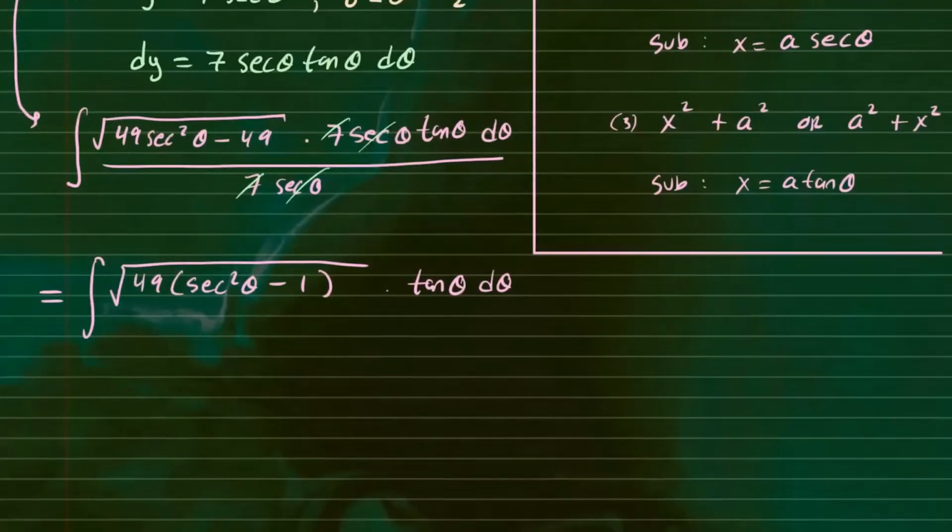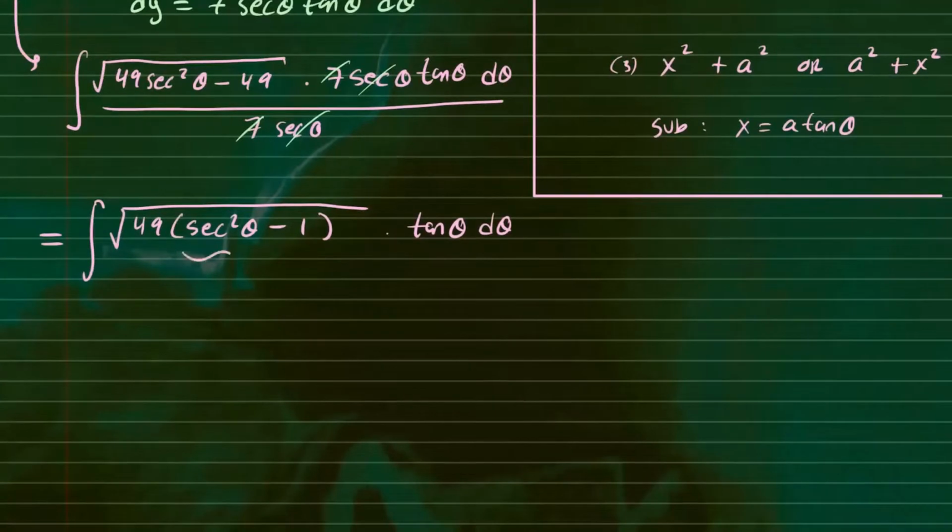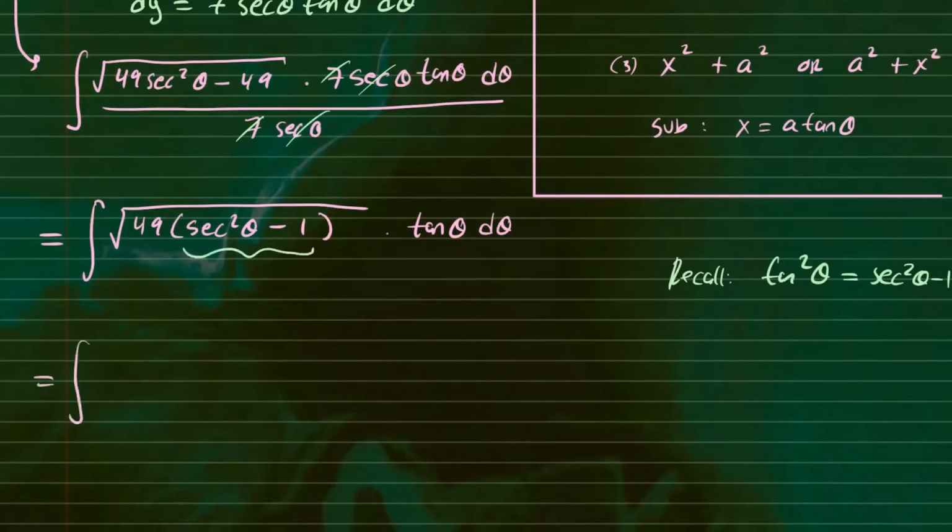Further simplification. This is an identity: secant squared theta minus 1. Recall that tangent squared theta is actually secant squared theta minus 1. So I'm going to apply that identity here and replace this piece with that. So you'll have the integral, and the square root of 49, that's 7.